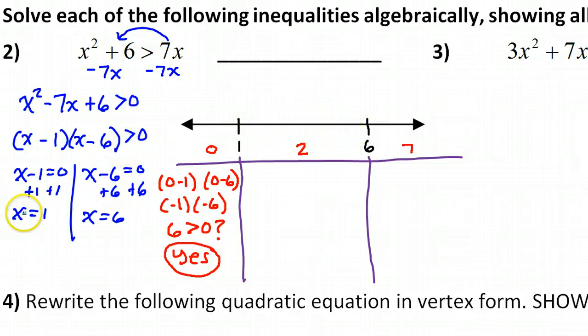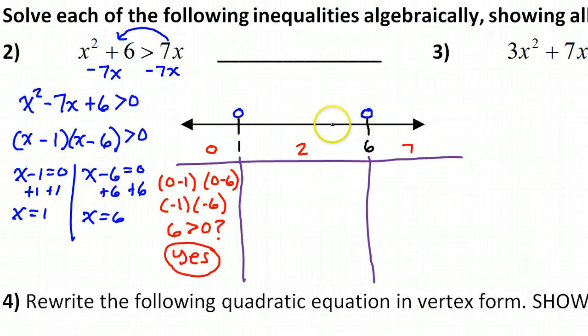But we just want the values that will give us values greater than 0, not equal to 0. So because it's greater than and not equal to, there's no or equal to happening here, these will definitely be open circles. So we'll have an open circle at 1 and 6 to show that they are not included in the solutions. Now back to the test values.